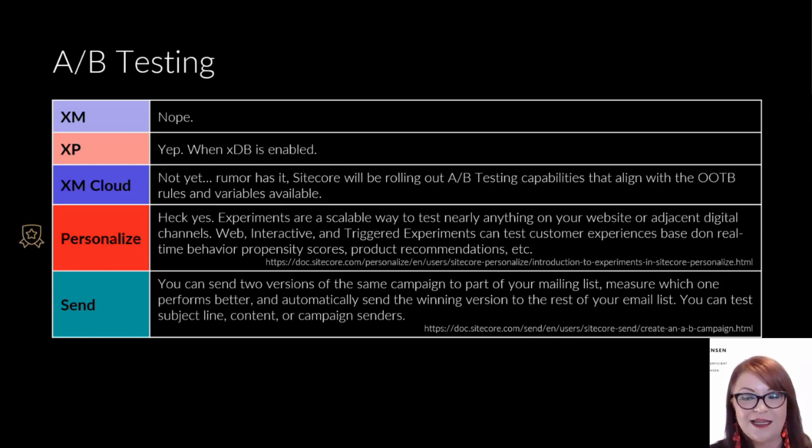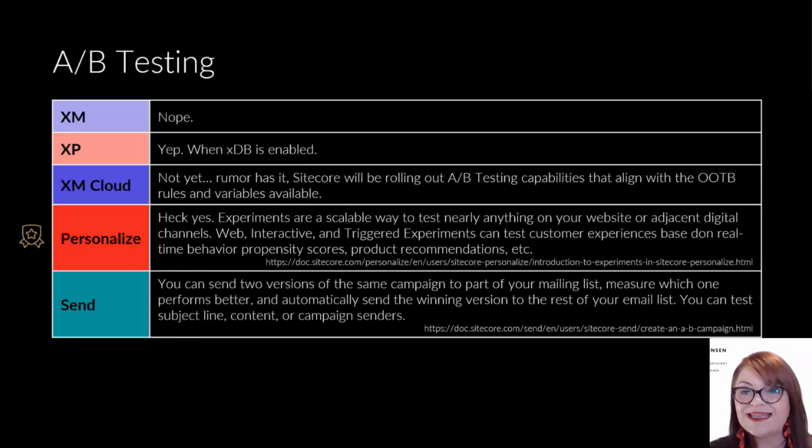With XM Cloud, no, maybe, because at Boston DX, that's another thing that Brian and Dave talked about, that maybe towards the end of the year, they're going to add some A/B testing capabilities that mirror the out-of-the-box rules that are available. So kind of like, if you can personalize it, you can test it. I'm keeping my ear to the ground to hear if and when that's going to become available, because that would really help a lot of clients.